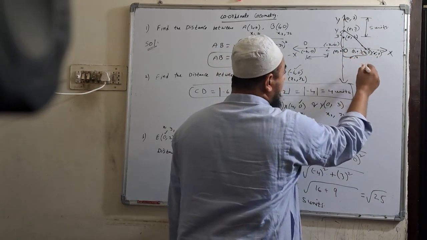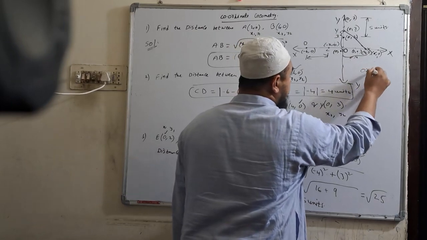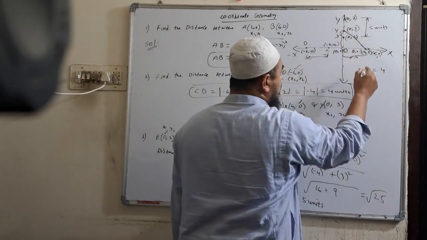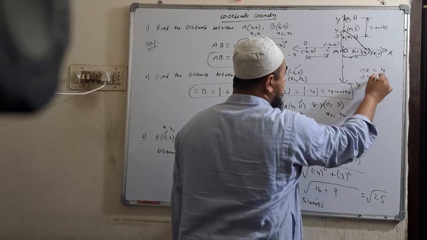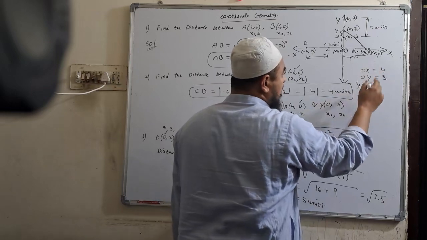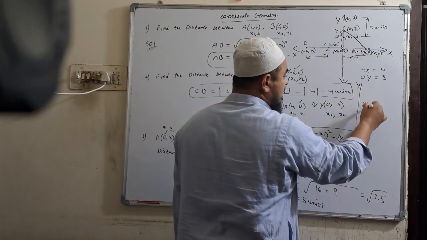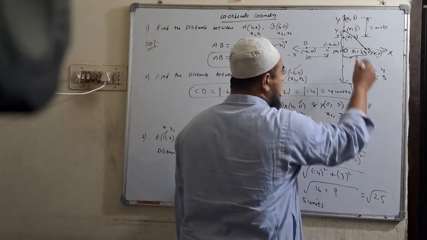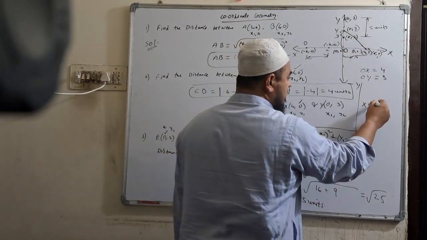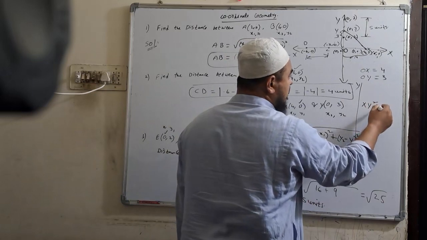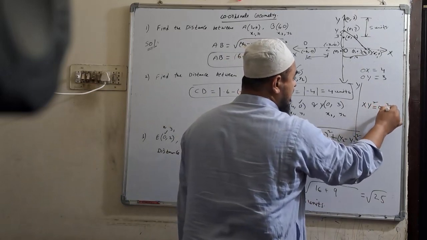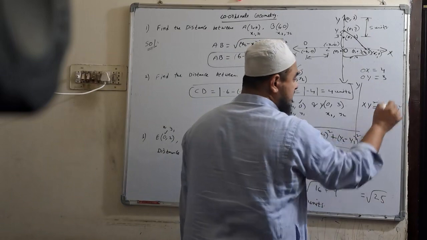So what is given is OX as 4 and OY as 3. And what they are asking to find is XY. So you can take the Pythagoras theorem also and solve. XY square is equal to OX square plus OY square.